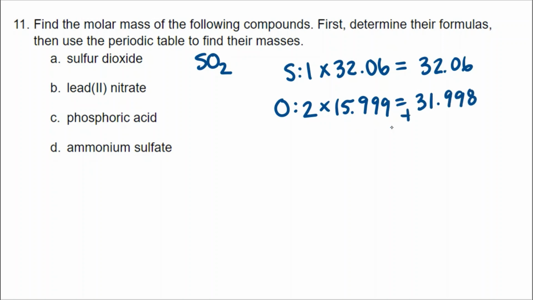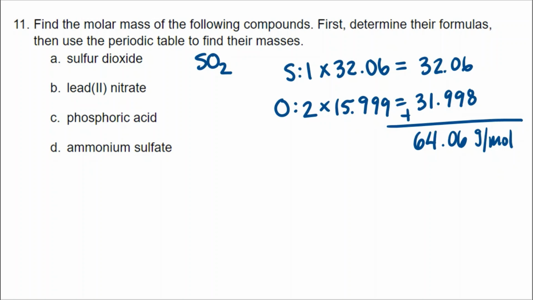Now we want to add these numbers together, and this gives us right around 64.06 grams per mole. Those units are grams and moles, which means that this number allows us to convert between those units if we have some grams of sulfur dioxide and we want to know how many moles there are.